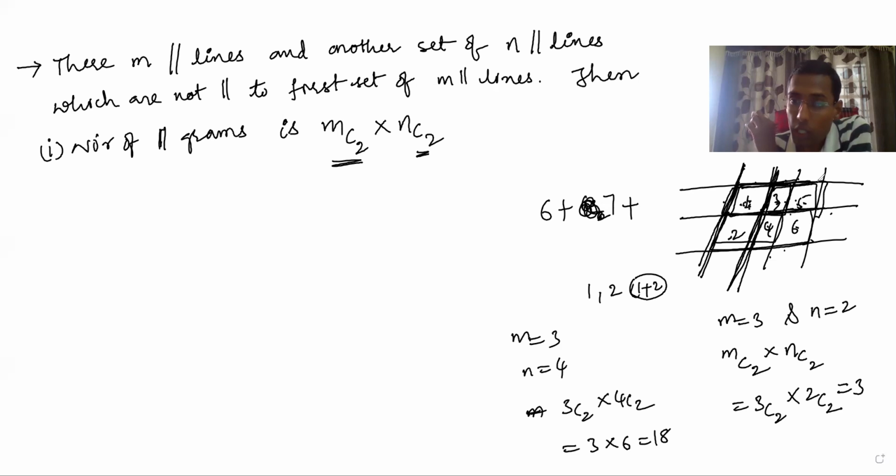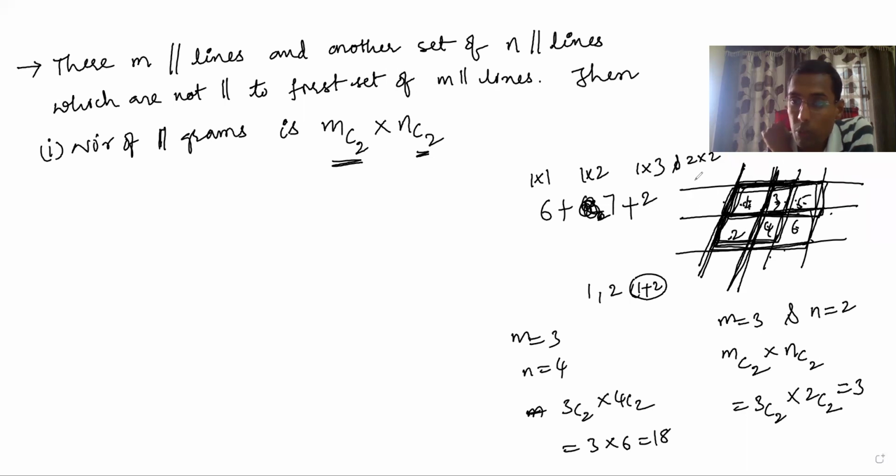Next, with 3 is 1 by 3. This is 1 by 1, this is 1 by 2, 1 by 2, this is 1 by 3. Next, 1 by 3: this is 1 parallelogram, this is another parallelogram, so that is 2 parallelograms. Hope you understand. Next, 2 by 2 is there. If you select 2, this is 2 by 2.